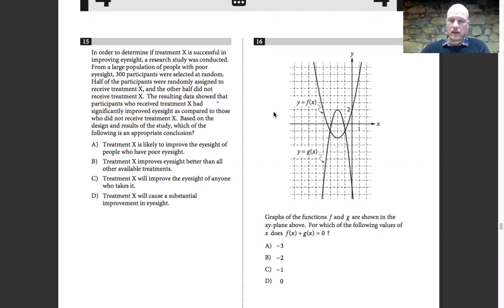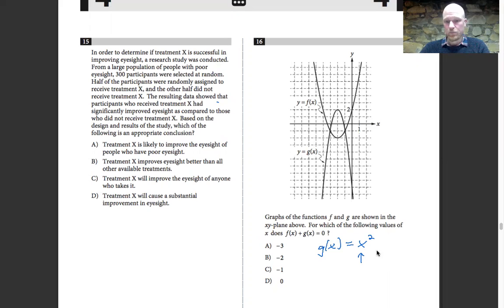So a couple things. Let's just think about what this is telling us. It says y is equal to f of x and y is equal to g of x. As you know, for a function like g of x, let's just say, though this is not true, that g of x is equal to x squared or something. This means that we put in a value for x and the function gives us a value for y.